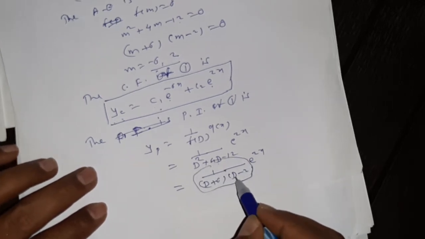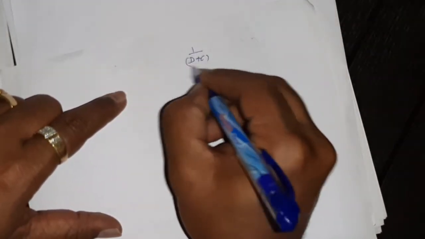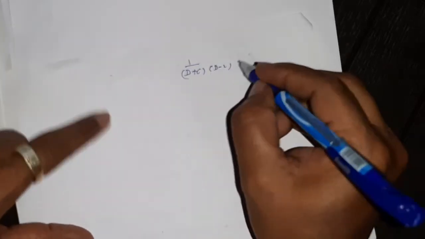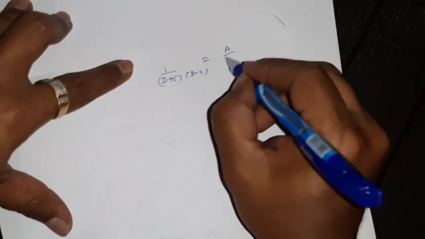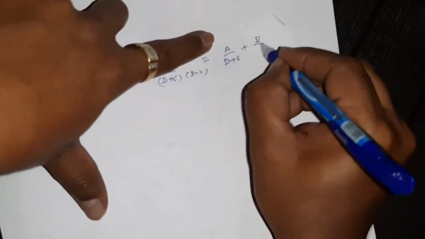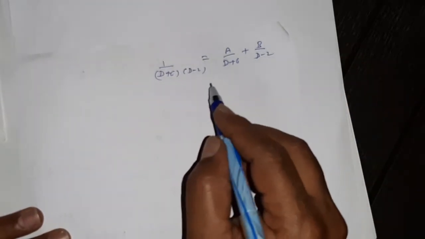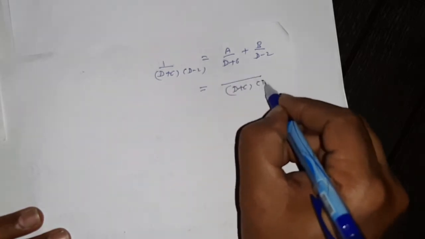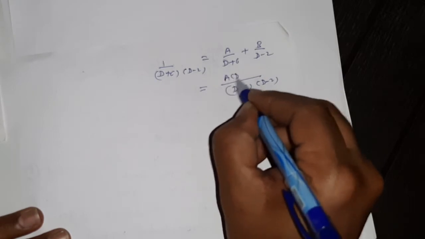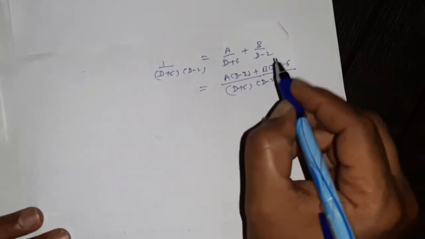This is a rough part. 1 by (D plus 6)(D minus 2) is equal to A by D plus 6 plus B by D minus 2. Taking (D plus 6)(D minus 2) as LCM, we get A into (D minus 2) plus B into (D plus 6).